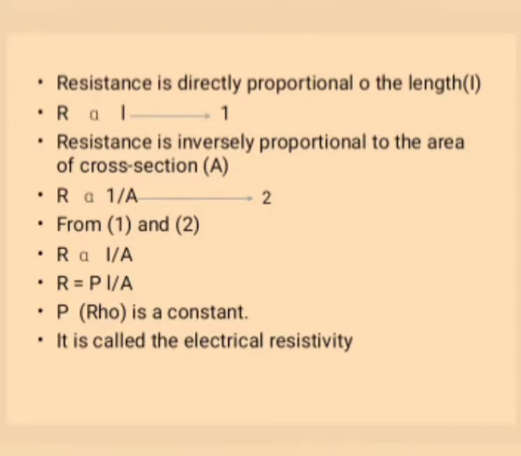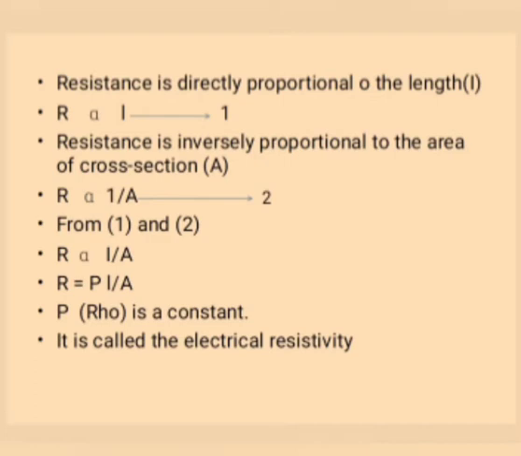Let us summarize these factors symbolically. Resistance is directly proportional to the length of the conductor. Look at the symbol. Resistance is directly proportional to the length. This is equation 1. Resistance is inversely proportional to the area of cross section. When the area of cross section increases, resistance decreases. It is equation 2.